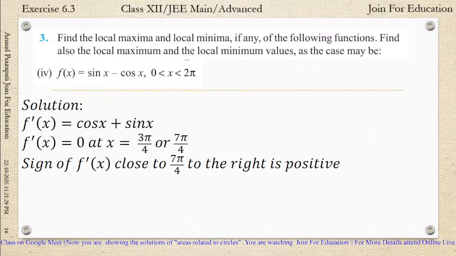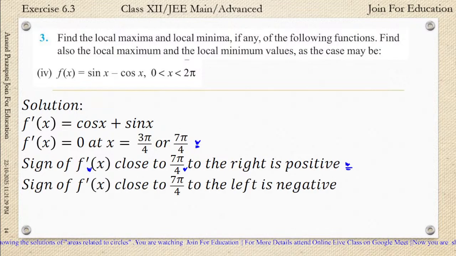Since f dash x, or the first derivative of the function, close to 7 pi by 4 to the right is positive. Since f dash x close to 7 pi by 4 to the left is negative.